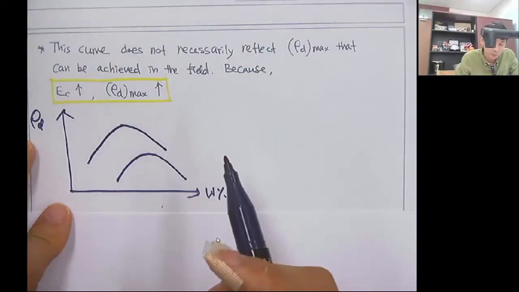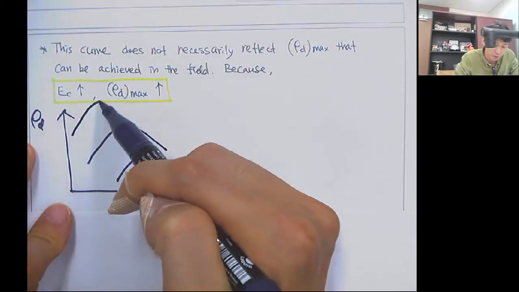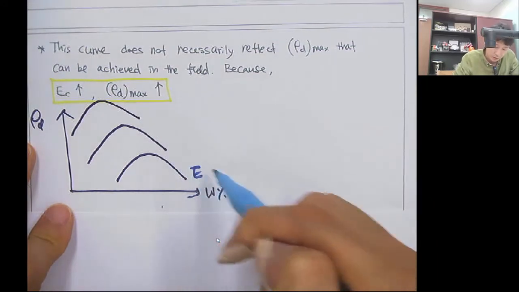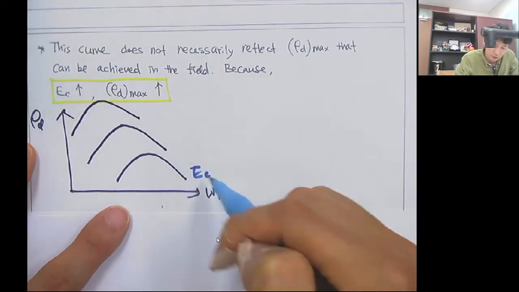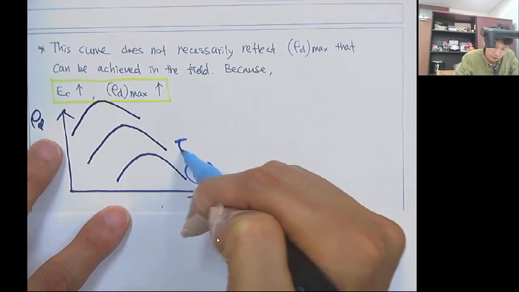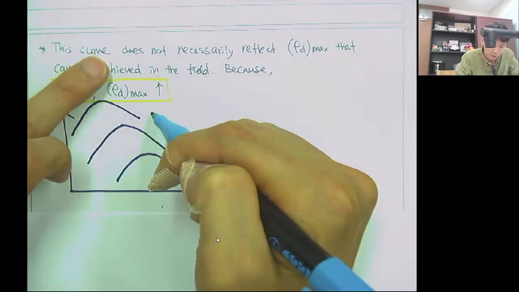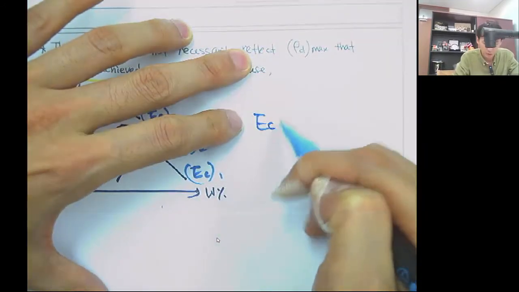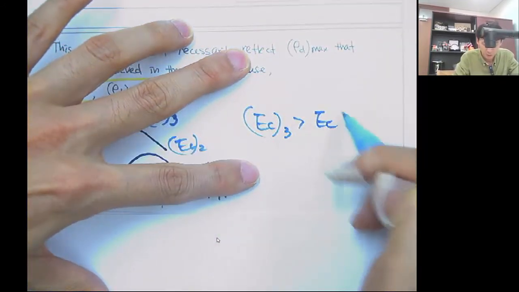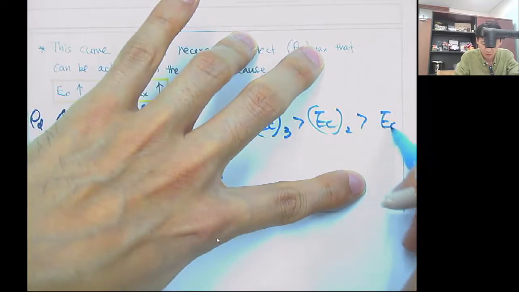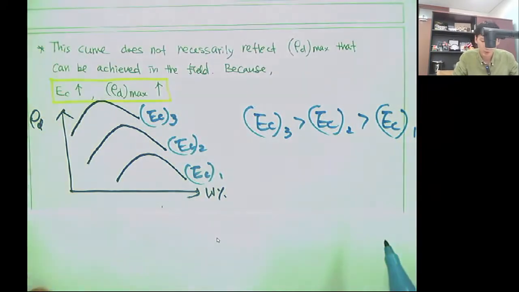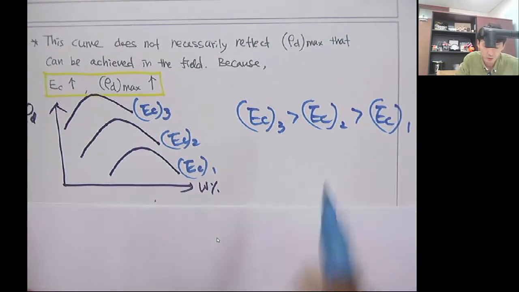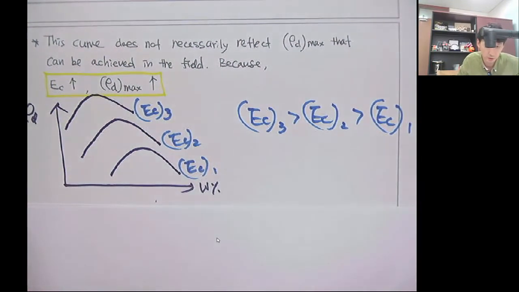If you increase the compactive effort more, then it's going to be placed here. So if this is compactive effort 1 and compactive effort 2, and this curve is compactive effort 3, then compactive effort 3 will be the greatest, and compactive effort 1 will be the smallest.